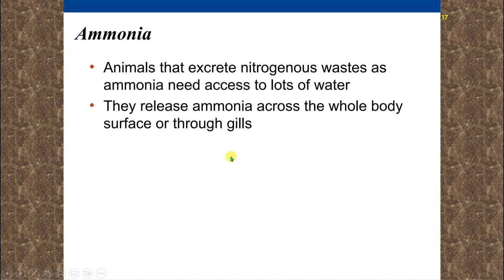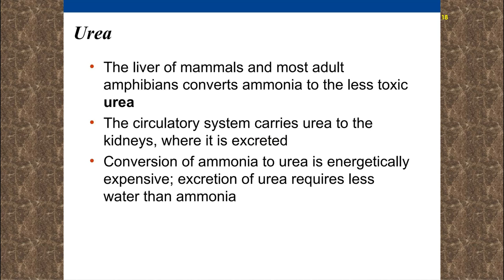So they have a special organ known as the gills, through which the water flows continuously, and there will be an exchange mechanism of the water and the waste substances in the form of the ammonia, and also in the form of the nitrates. And urea is excreted through the urine of most of the mammals, and the adult amphibians convert ammonia to less toxic urea.